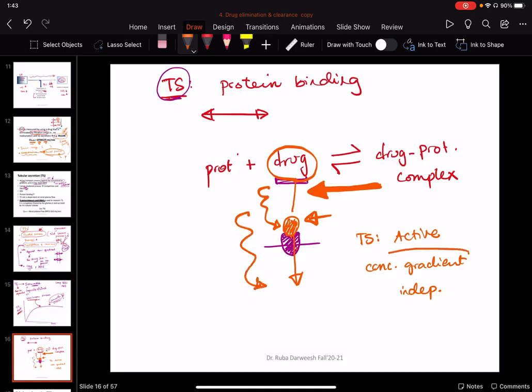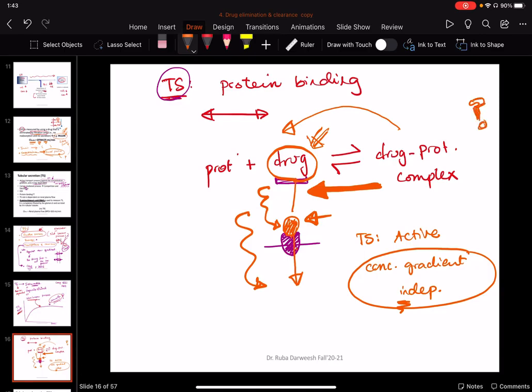So again, it depends on the need of the transport at both sides of the membrane, and it's independent of concentration gradient. Once the free fraction of the drug is decreased, we will have a shift to this side, according to one of the main principles that we know in chemistry.